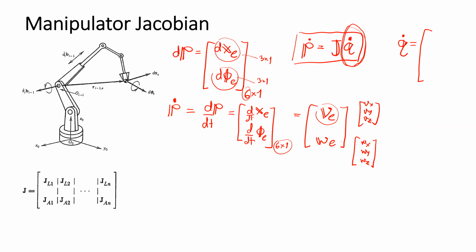N depends on how many degrees of freedom the robot has, how many links the robot has. We have the joint velocity of the first joint until joint n, and the dimension of the vector will be n by 1.